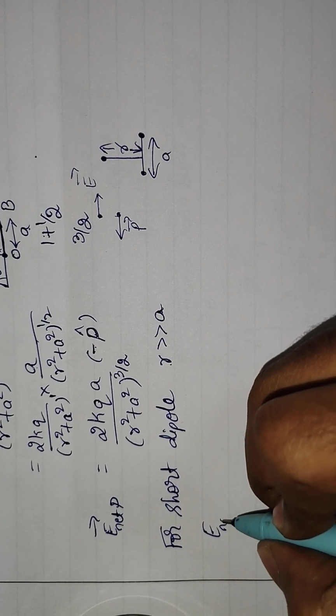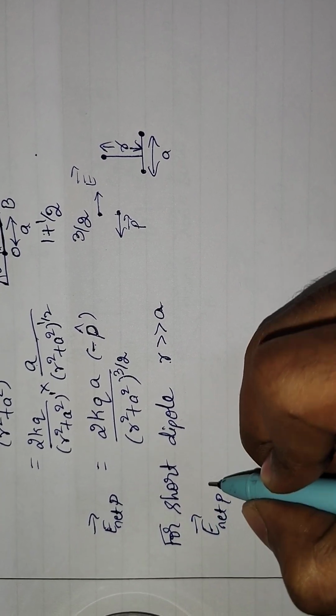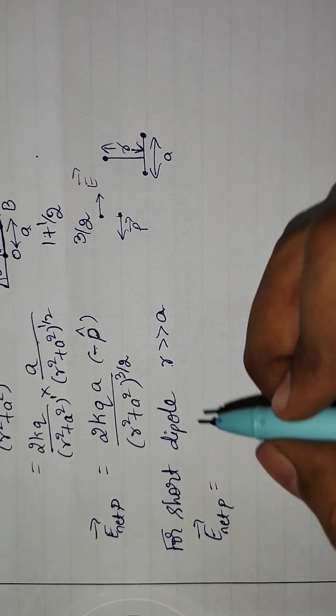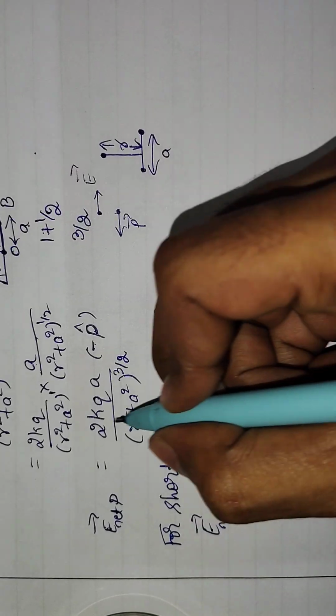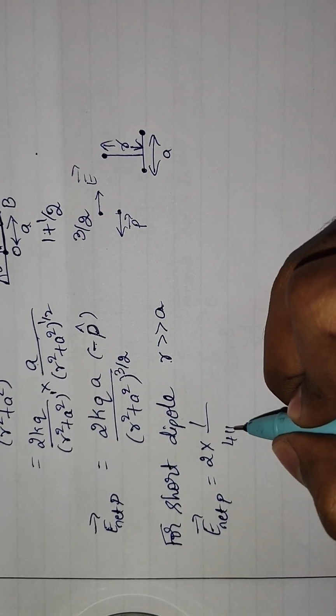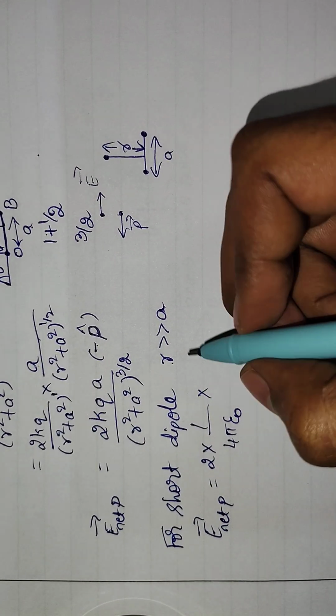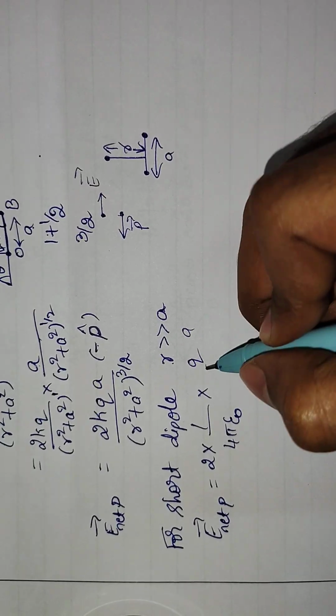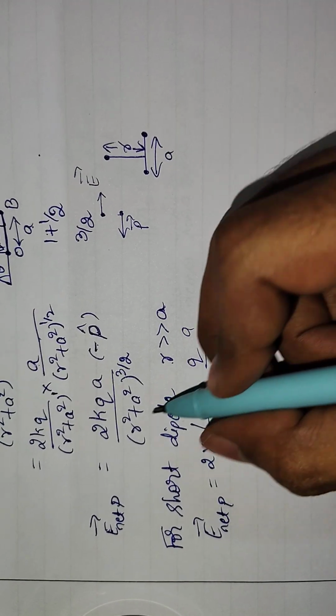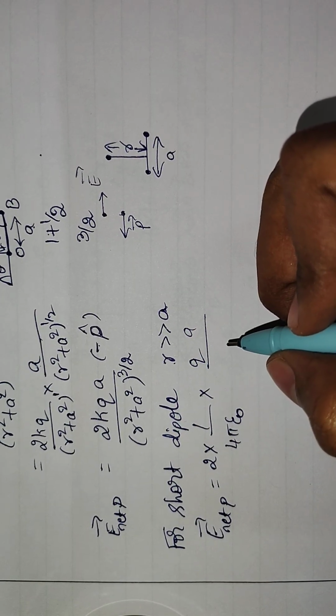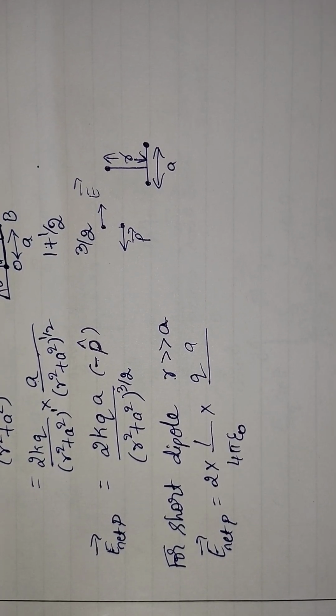Okay, so if I substitute that, the net electric field at the equatorial point is 2 times, writing k as 1 by 4 pi epsilon naught, into qa divided by r square plus a square, whole power 3 by 2.